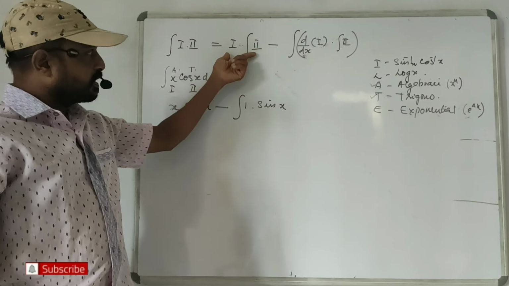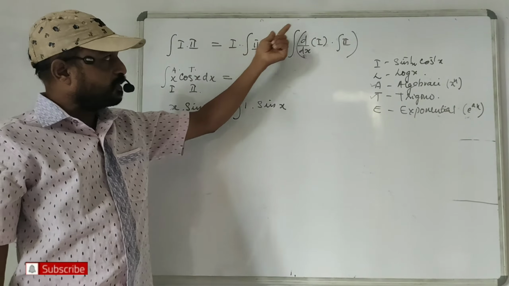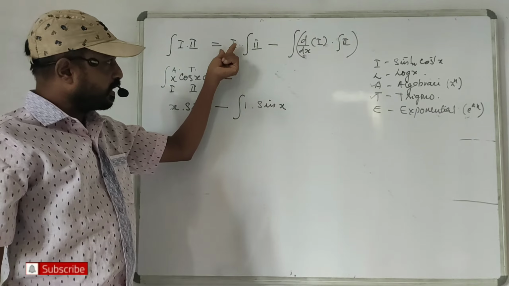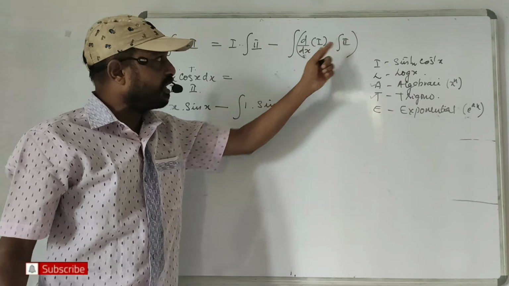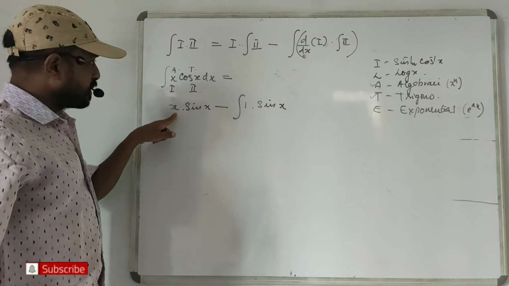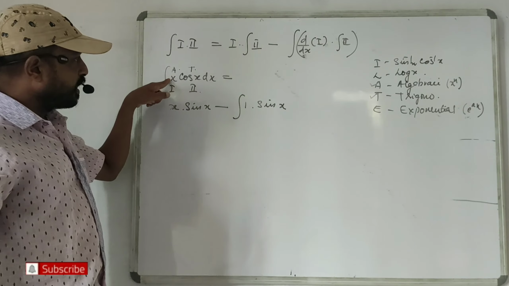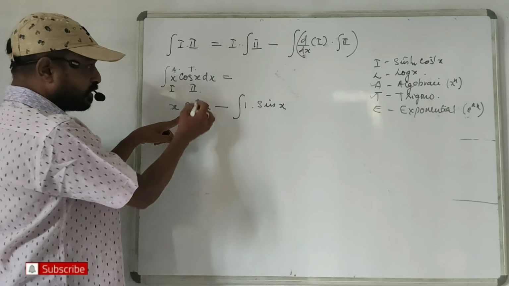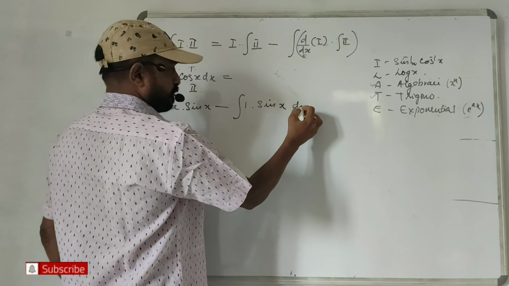See here, this has two parts. The second term in each part is integral of second. First into integral of second minus integral of derivative of first into again integral of second. These two are one and the same. So, first x into integral cos x is sin x minus integral of derivative of x, which is 1, into the same function, integral of second, sin x.